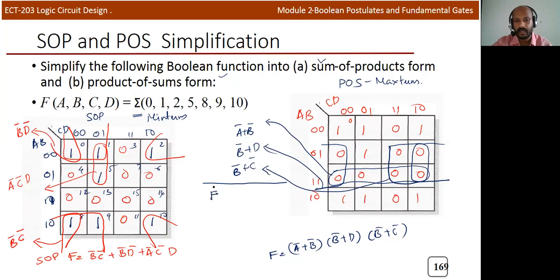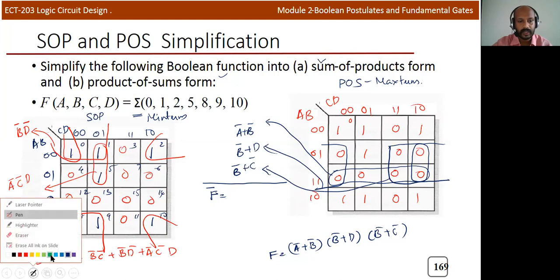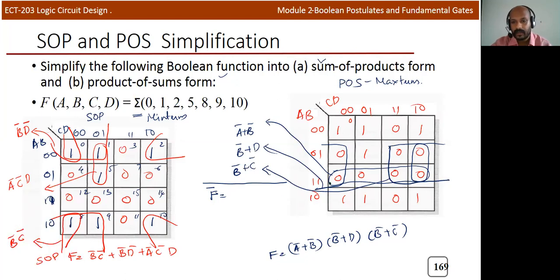We'll write F bar in terms of min terms. If you write this expression, for the first group, the term is AB actually, so you can write AB plus, for the second group, the common term is B actually, and the first and last the common term is D bar, so B D bar.